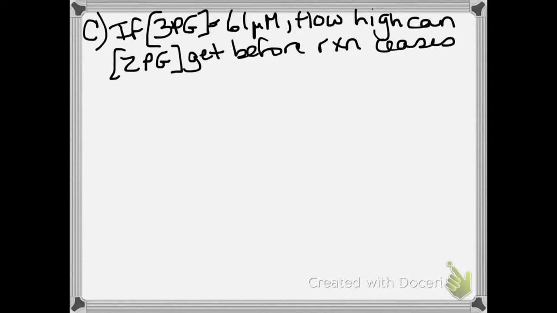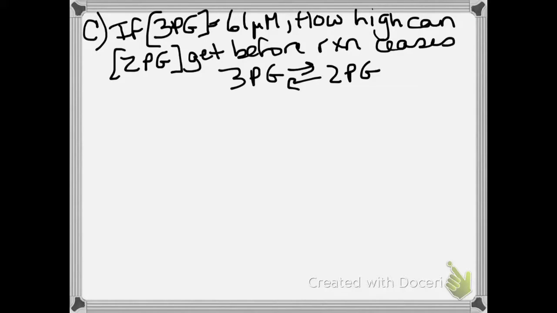This means that as written, 3 PG being converted to 2 PG no longer happens spontaneously. So the free energy change under the indicated conditions is no longer going to be negative. What it's asking is at what point is it going to switch in a positive direction?